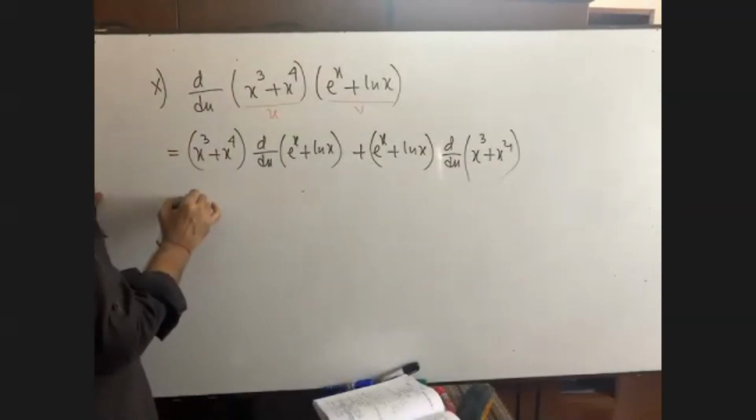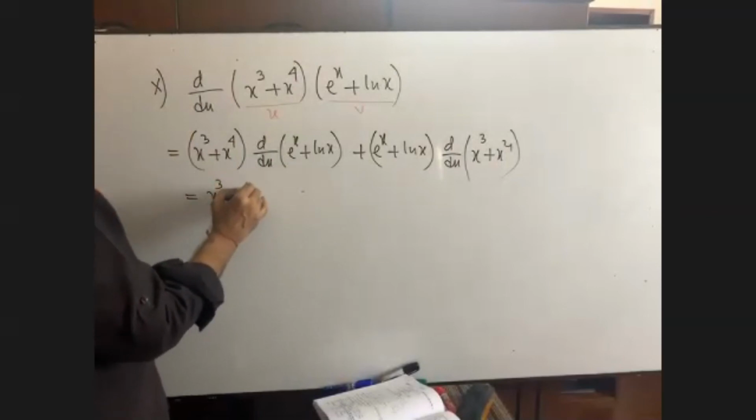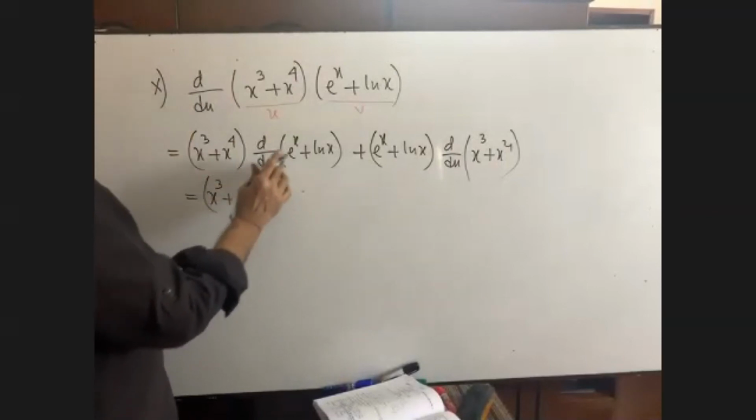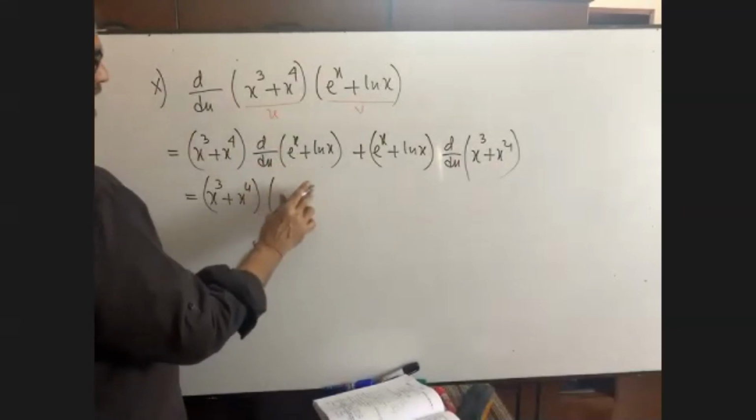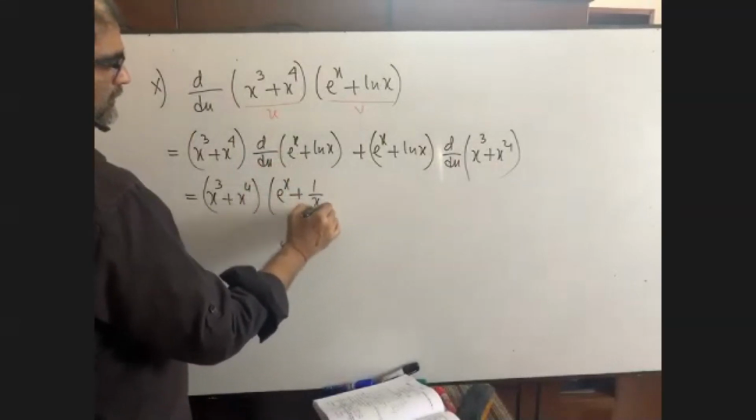Now you see it is x cube plus x to the power 4. Its differentiation is e to the power x is e to the power x, ln x is 1 by x.